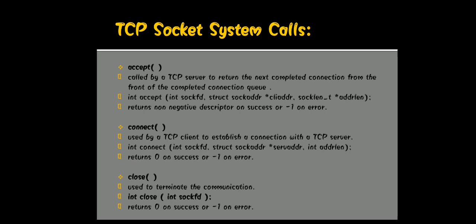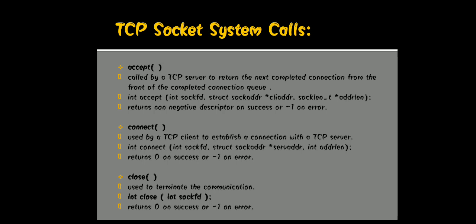Accept. Accept system call is called by a TCP server to return the next completed connection from the front of the completed connection queue. It accepts three arguments: socket descriptor, pointer to client socket address and length of address. It returns non-negative descriptor on success and -1 on error.